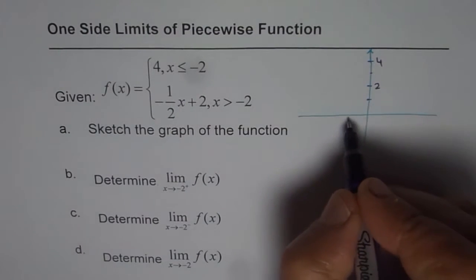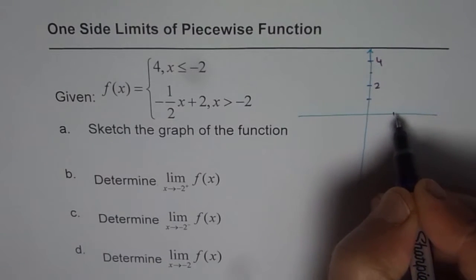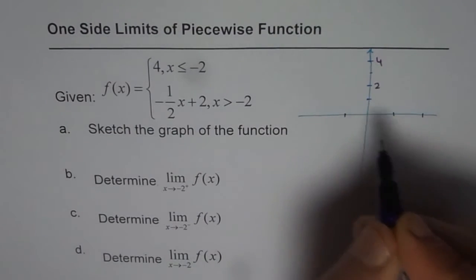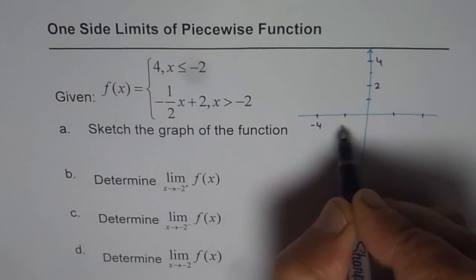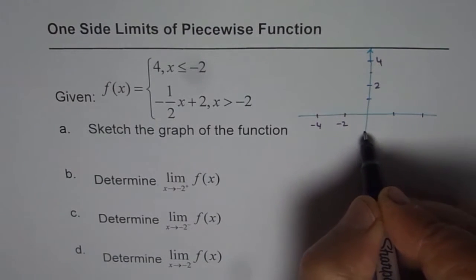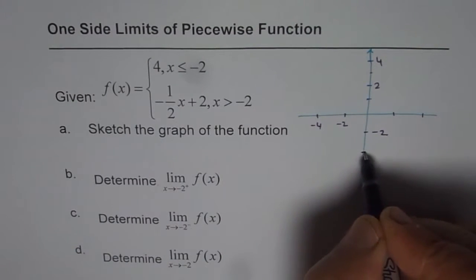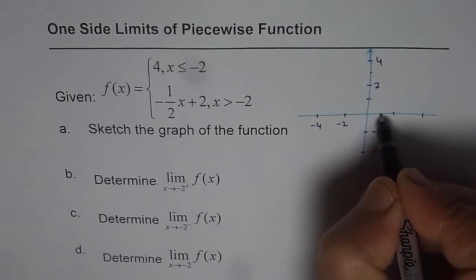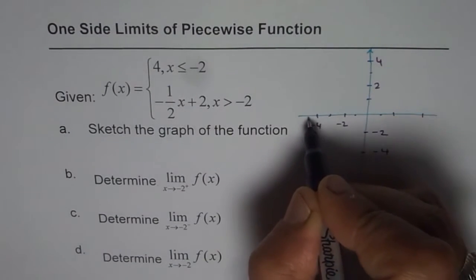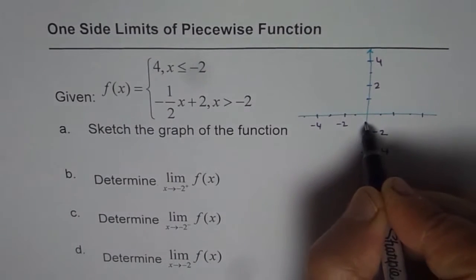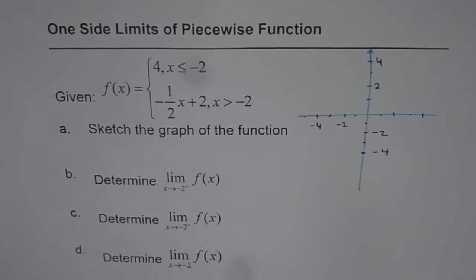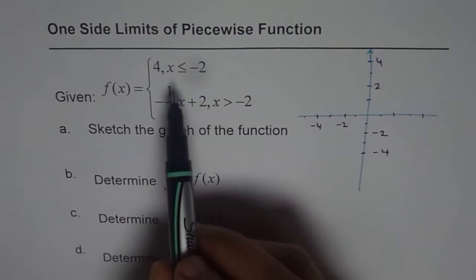On the x-axis we have 2, 4, so minus 4, minus 2, and here also minus 2 and minus 4. Let's say these are ones. That is how we can make our x and y axis, and now we'll sketch the piecewise function.